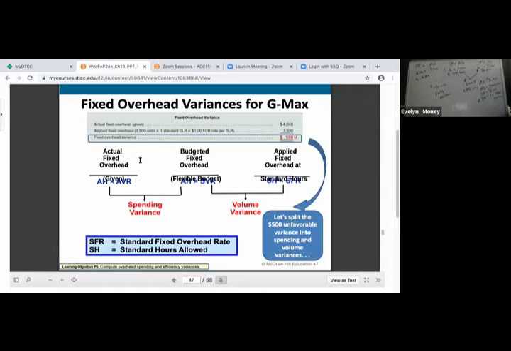Variable, I'm going to show you that when we do a problem in a second. But for variable, it looks the same as labor and materials. For fixed, we have three categories of actual, budgeted, and applied. So there's actually less multiplying. Then we find the difference between actual and budgeted to determine the spending variance. And we find the difference between budgeted and applied to determine the volume variance.